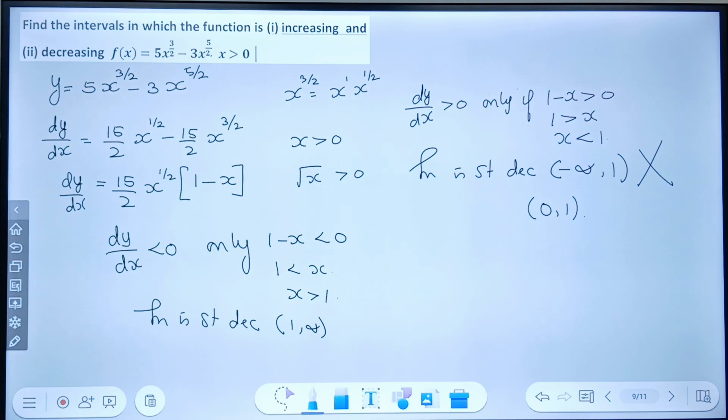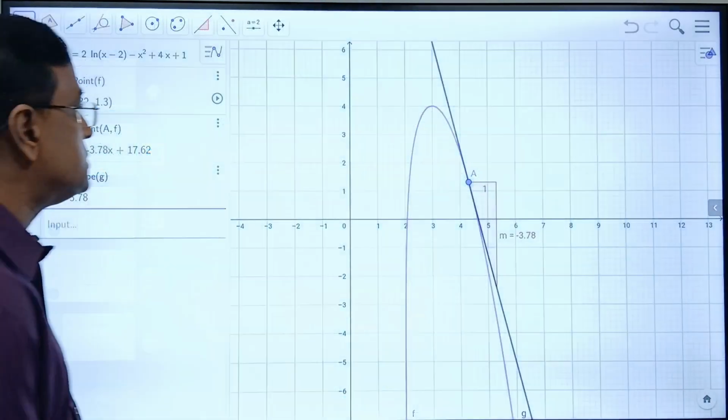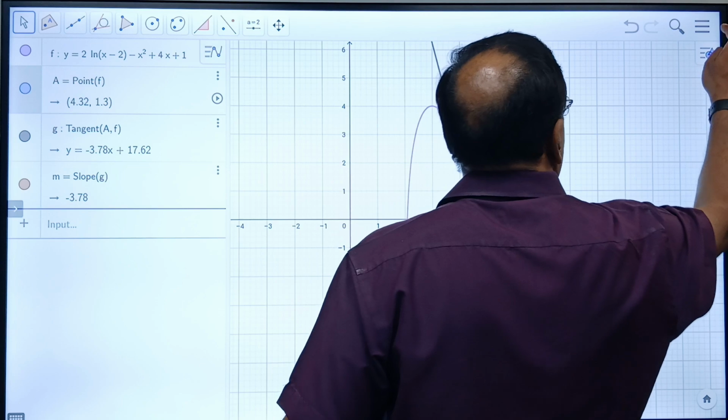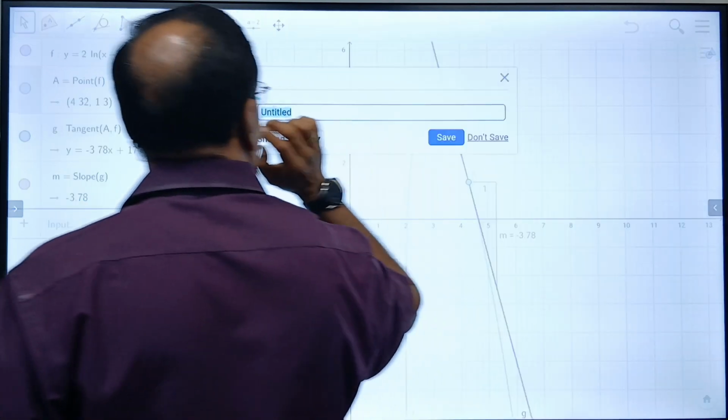Just let's quickly visualize the graph and then we'll stop the class. New one.